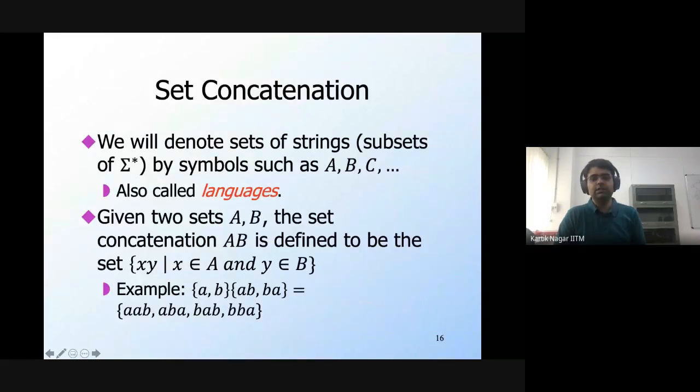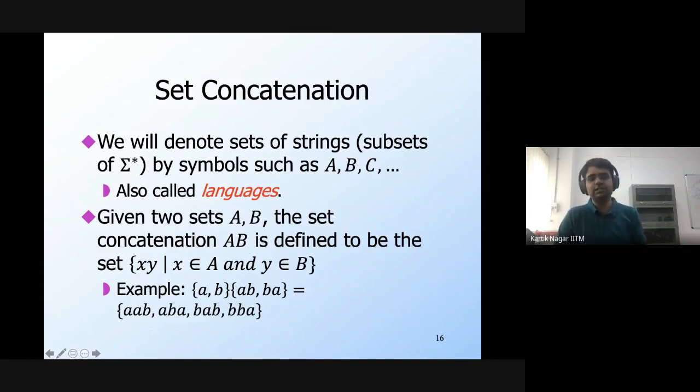In the last lecture, we also saw some very basic operations involving strings. We saw the string power notation and the string concatenation. And we had just started on the notion of set concatenation, where you're given two sets of strings, which means two languages, and we ask what the concatenation of these two languages is.